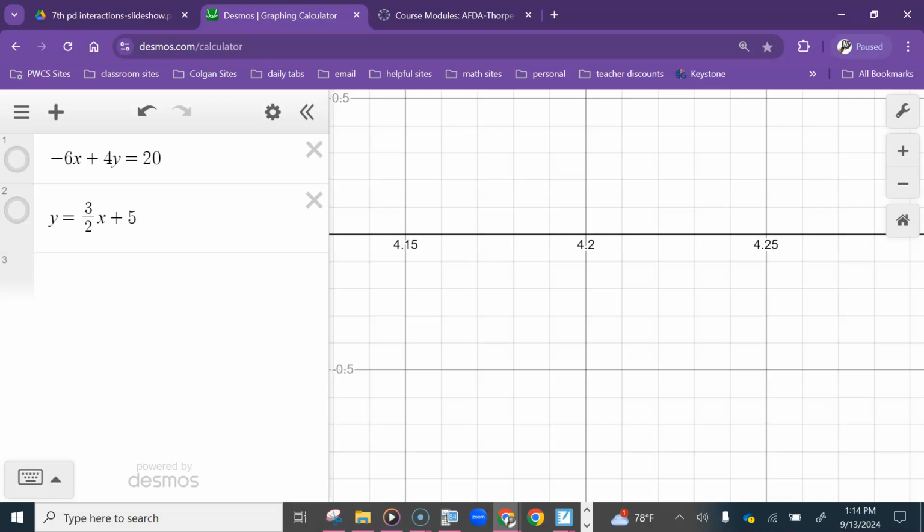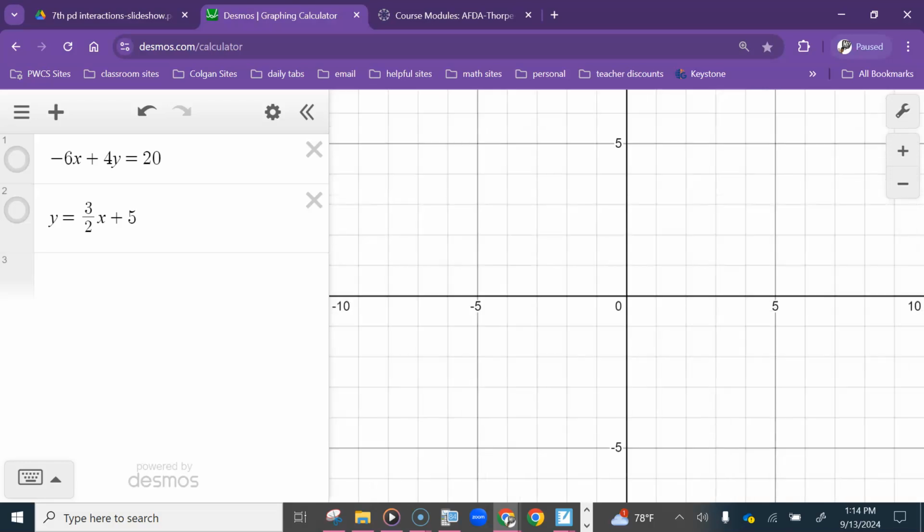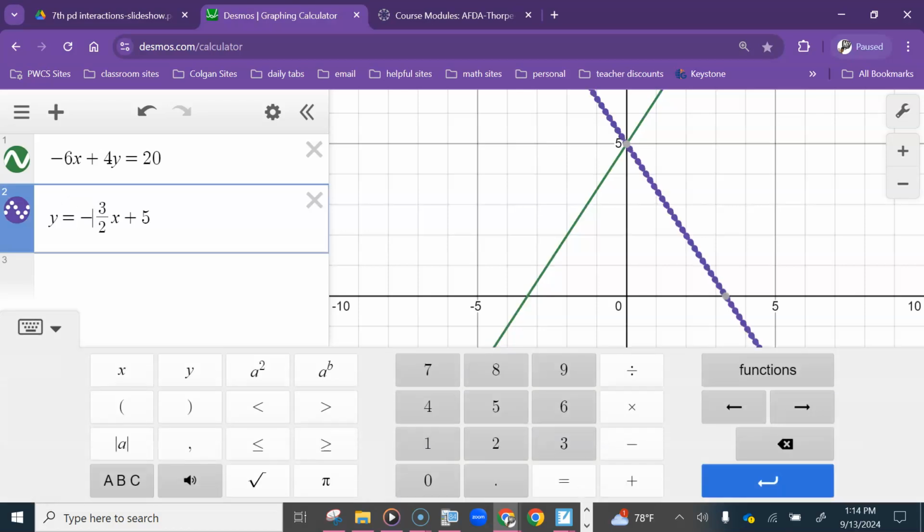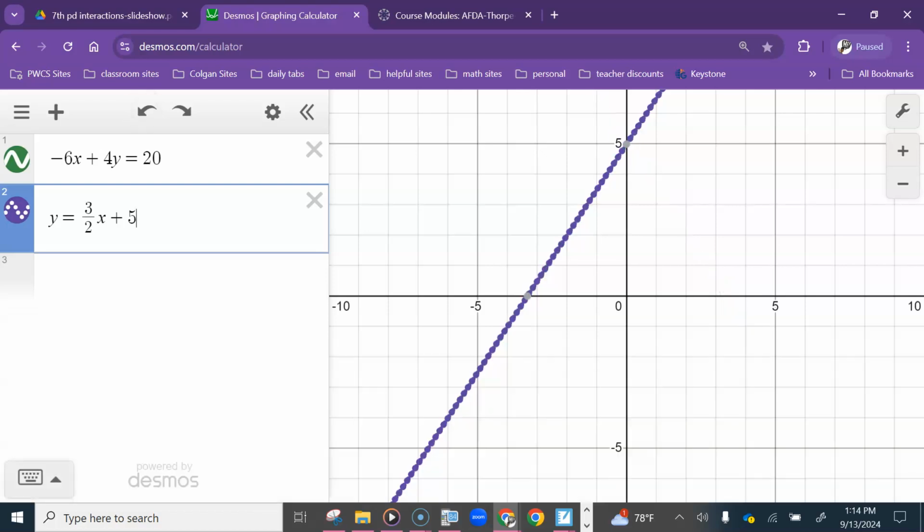A great way to double check yourself is if you put in the original and then you solve it and you put in your answer that you got, the two lines should overlap. If they don't overlap, you know something in your math is wrong. Like maybe I put a negative instead, then they wouldn't overlap. But if they overlap, that tells you they are the same.